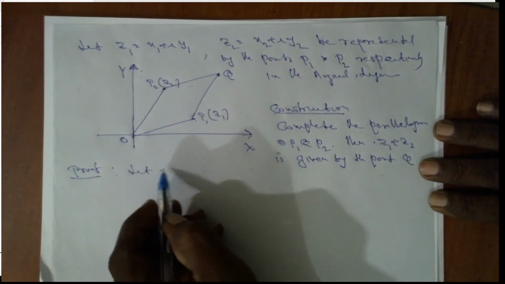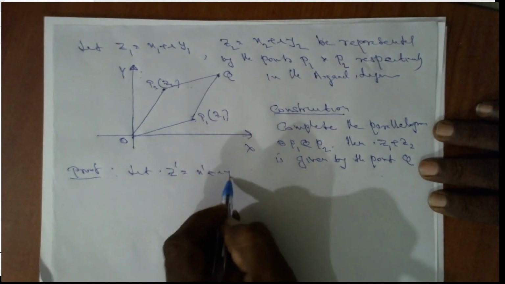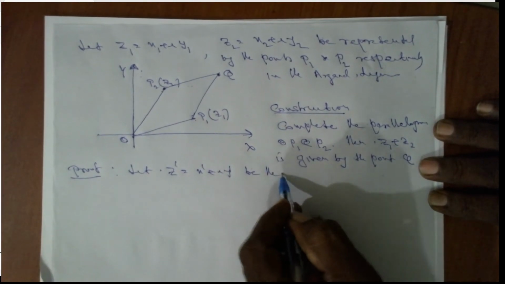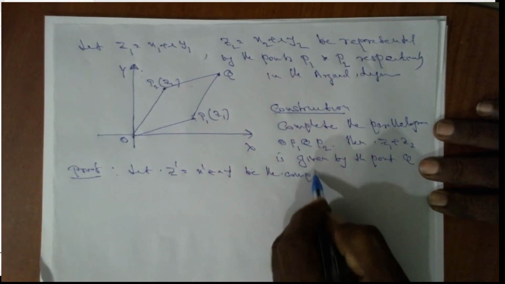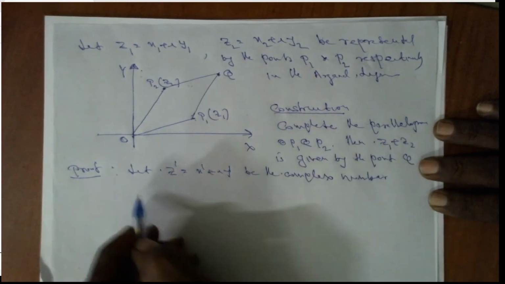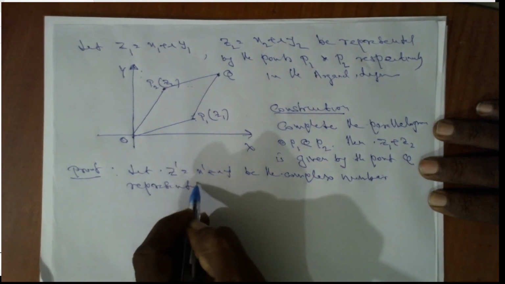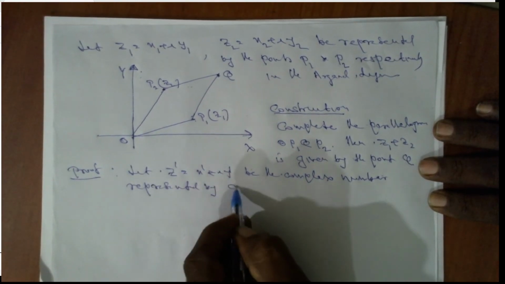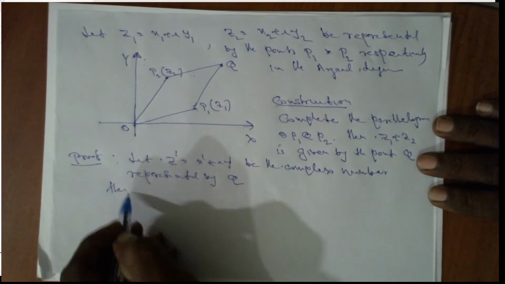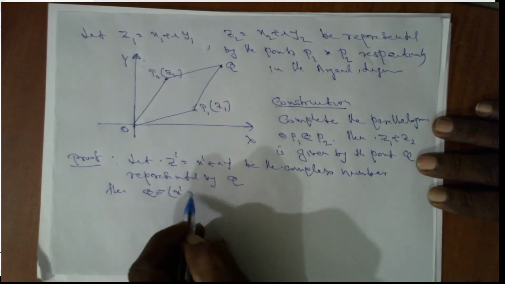Let C' equals x' plus iy' be the complex number represented by Q. Then Q equals (x', y').